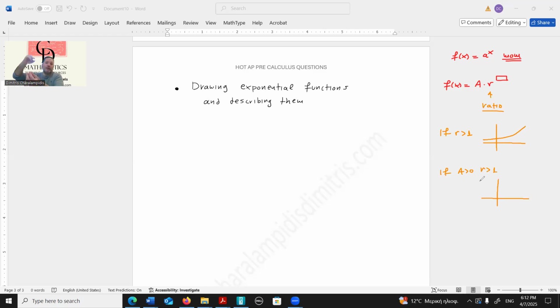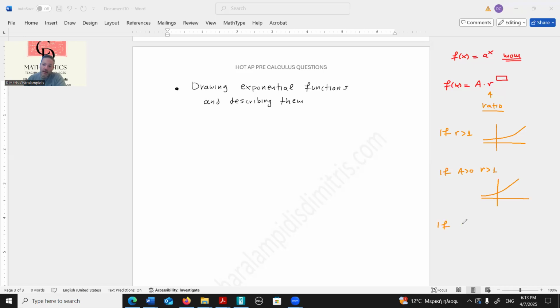So basically, we stretch or shrink the graph towards the y-axis, but in any case, although it might get stretched or shrunk, the way it looks did not change.